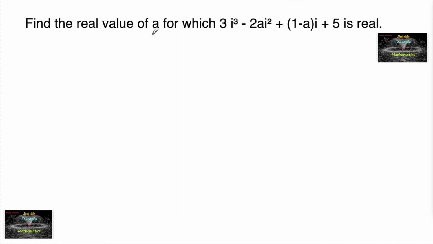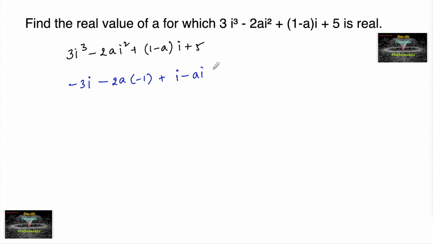Find the real value of a for which 3i^3 - (2a)i^2 + (1 - a)i + 5 is real. Since i^3 is -i, we can write -3i, and -2 into i^2 is -1, plus (1 - a) into i plus 5.